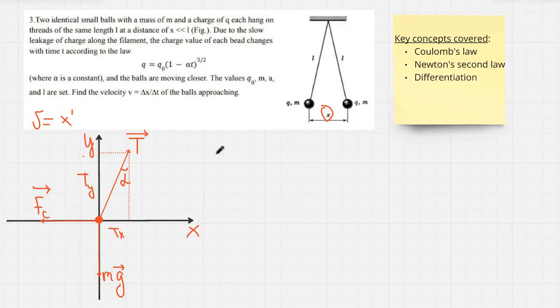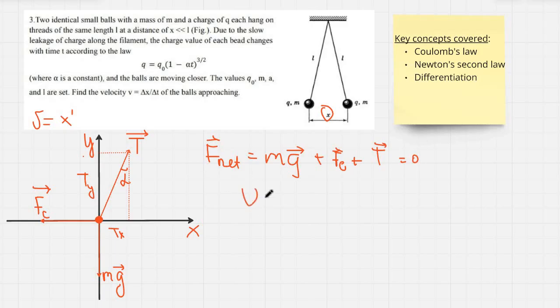Now, let's write the general formula of Newton's second law. Our net force, mg plus the electrostatic force plus the tension, equals 0.